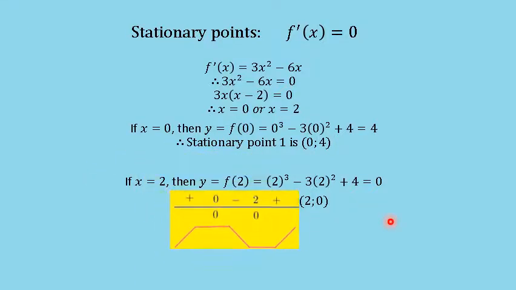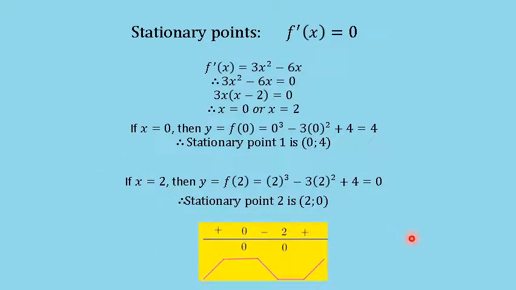Now listen to me attentively. Can you see this picture here? There is 0 and 2. Where am I getting this 0 and 2? These are the x-values of the stationary points altogether. Okay, and then we have obtained these two values 0 and 2 when the gradient is equal to 0.